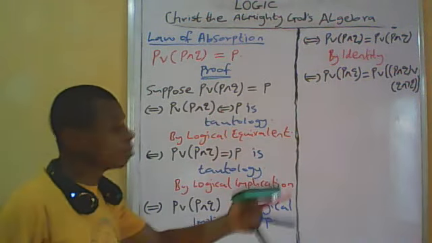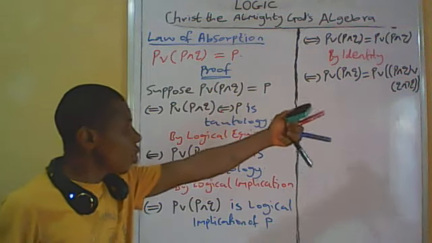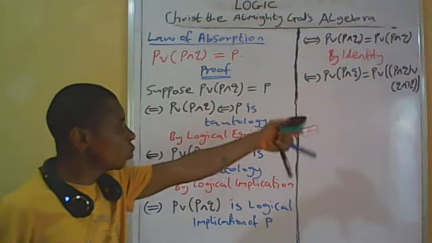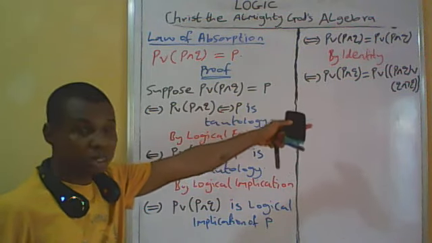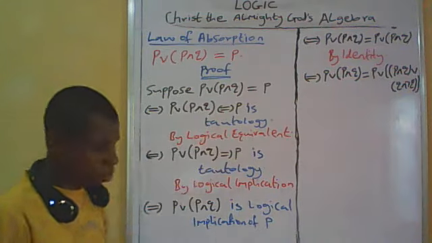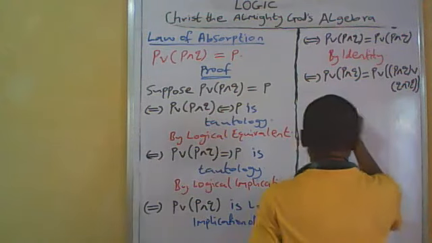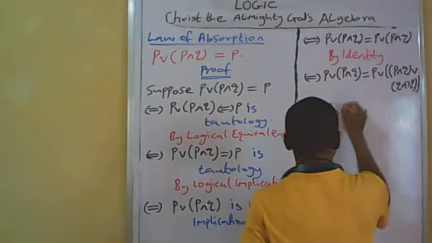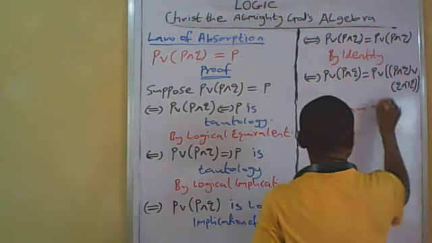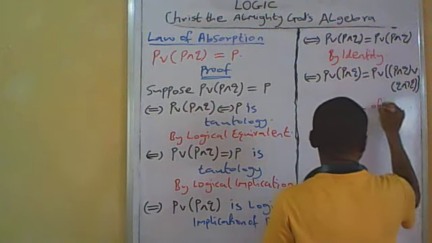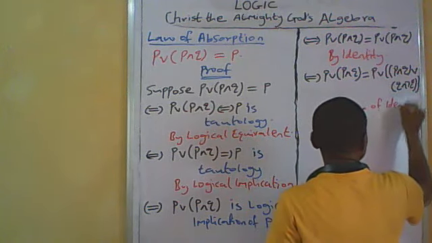It is through the law of identity that we OR P and Q with falsity, that means Q and not Q. Being justified by law of identity.